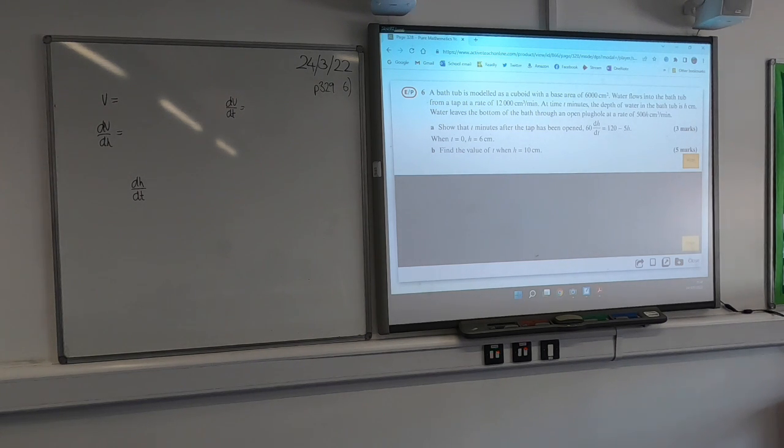So dV by dt, that's the rate of change of volume, and there's two things happening. Water's going in and water's flowing out, so that's going to be something take away something. And the volume of the cuboid, which is length times width times height, but they give us some information which means that that's a little bit simplified, and differentiating that is very simple.